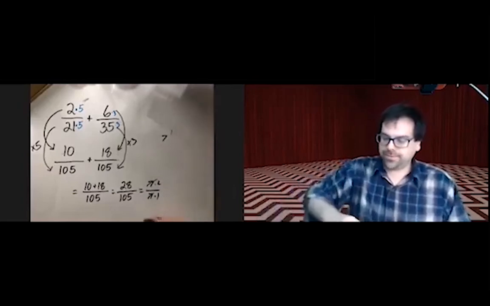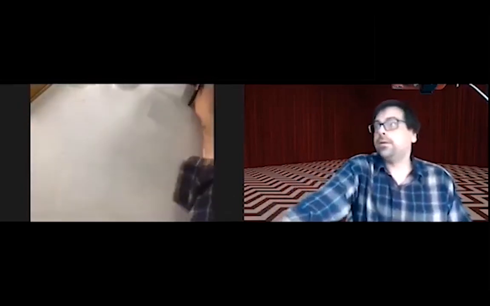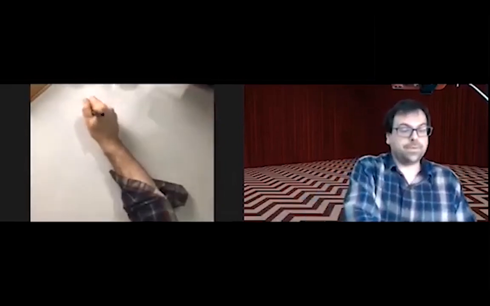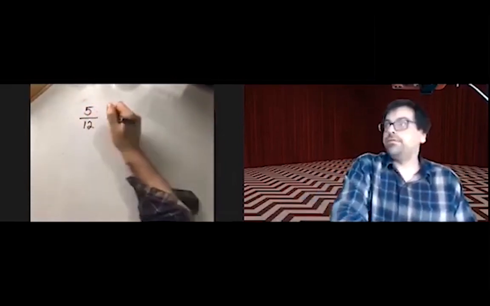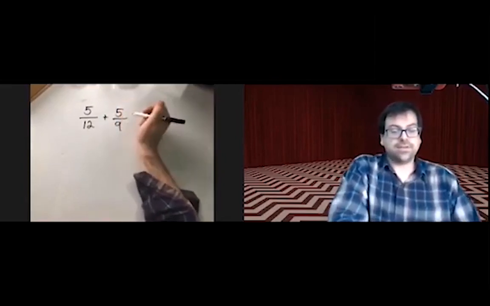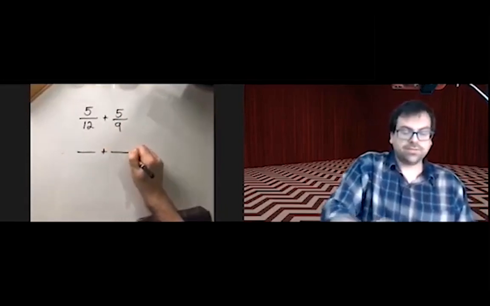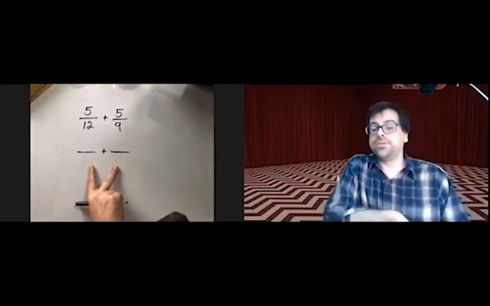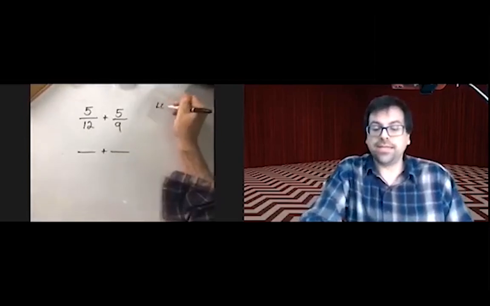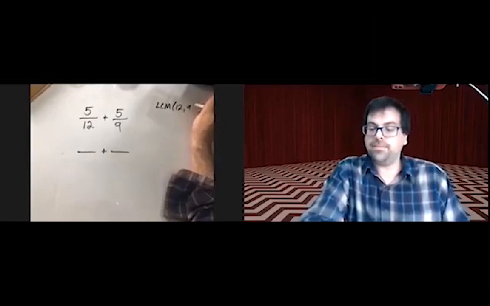Let's do another. 5/12 plus 5/9. We need two equivalent fractions. We need to find out what the bottom number is going to be. So we need the least common multiple of 12 and 9.